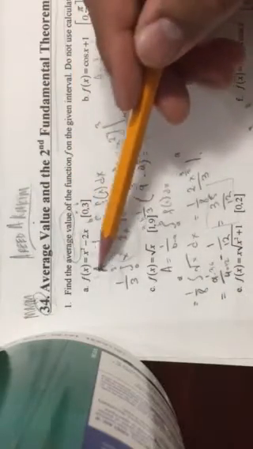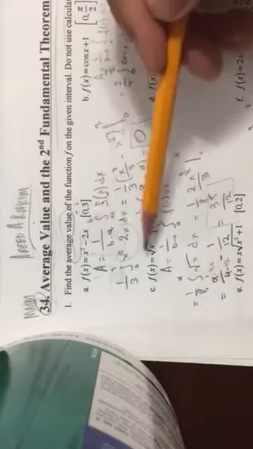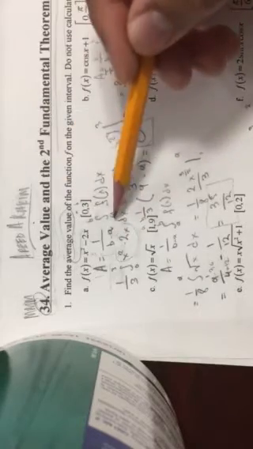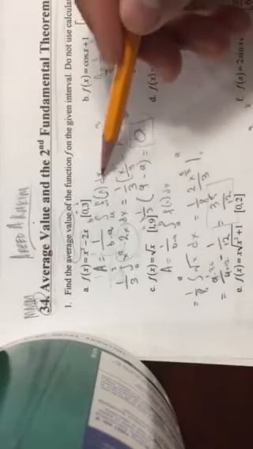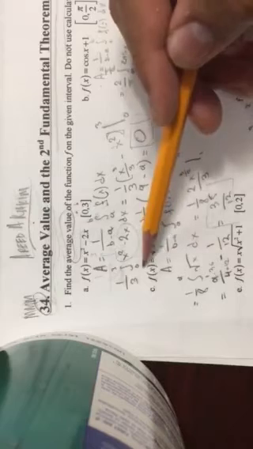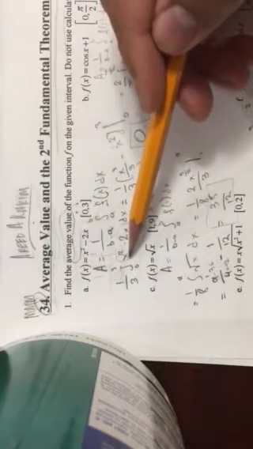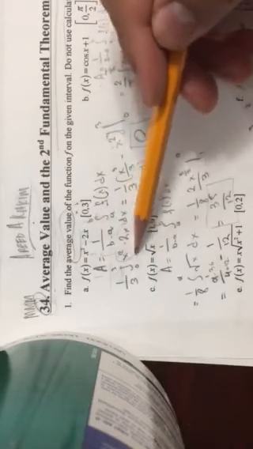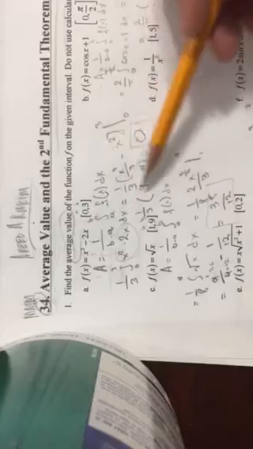So I start off by writing the general equation. Big A equals 1 over b minus small a, integral from a to b, f of x dx. Plugged in the values, I got 1 over 3, integral from 0 to 3, f of x, which is x squared minus 2x dx, equals 1 over 3.